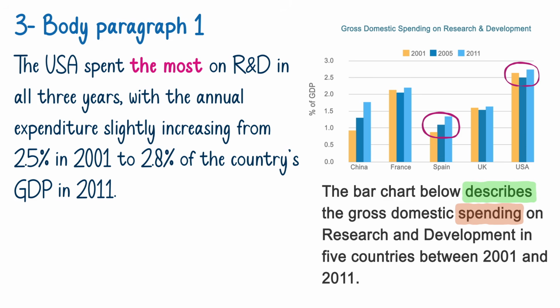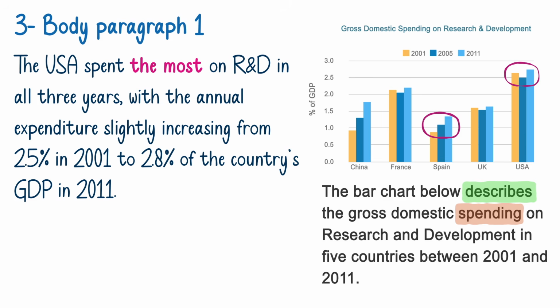For 2.5%, we can write around 2.5% in 2001, because it is not exactly 2.5. It is a little bit more than 2.5. We can write around 2.5%.